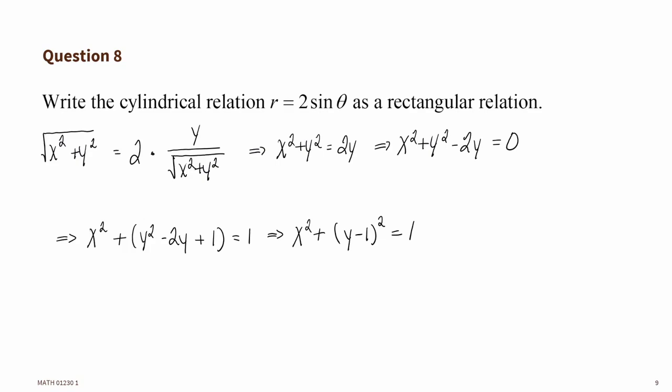Center has to be an ordered pair. 0, 1. And it's a radius 1. It's a unit circle centered at 0, 1. Means you now know what kind of shape that gives you.